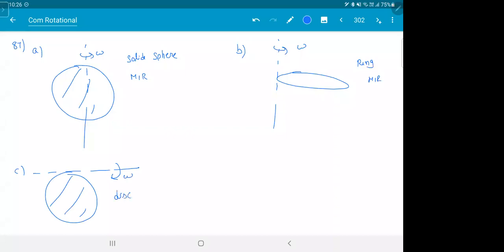Find angular momentum. L is I omega basically directly. If you see, this axis is parallel to the plane. It's a tangent and parallel to the plane. If it is perpendicular, I would have drawn it like this. L is I omega. Get it? So you just need to know the value of I.